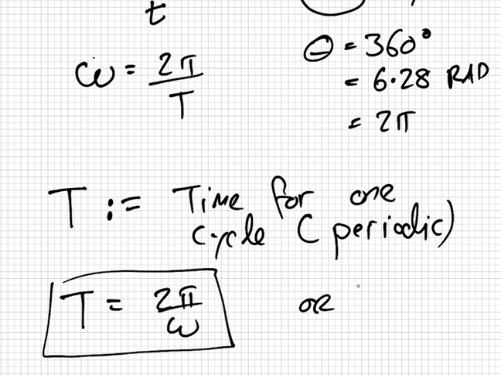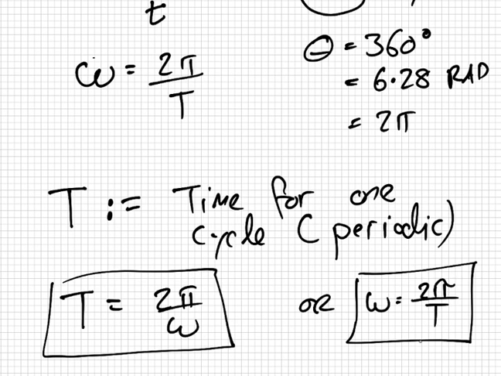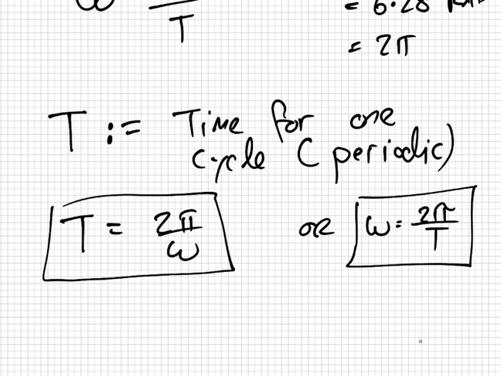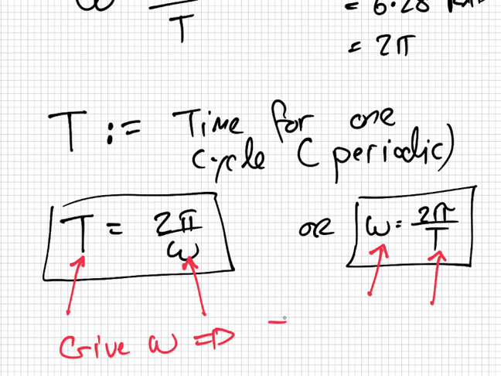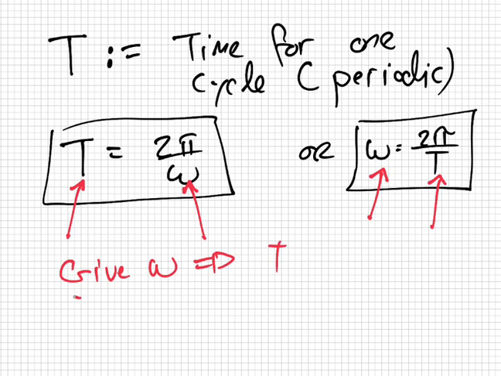Or, another way of saying it is that omega is 2 pi over T. That's important for the exam because usually in the exam they give you the T and you need the omega for the calculations, or they give you the omega and you need the T. So my point is if they give you omega, it's easy to get the T, and vice versa. If they give you the periodic time, no problem, you can easily get the omega. So it's almost like giving you the same thing.